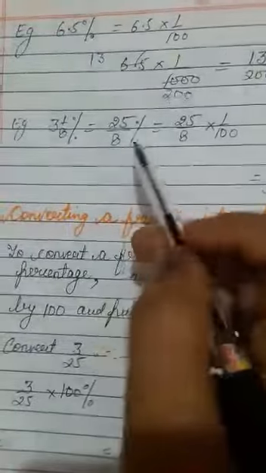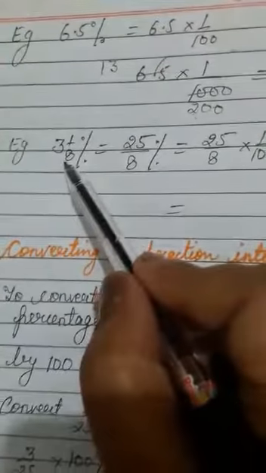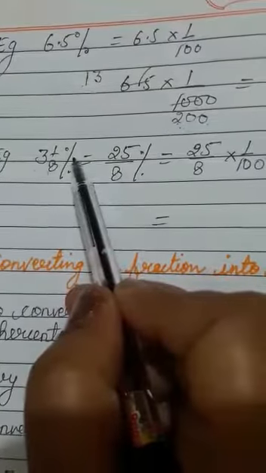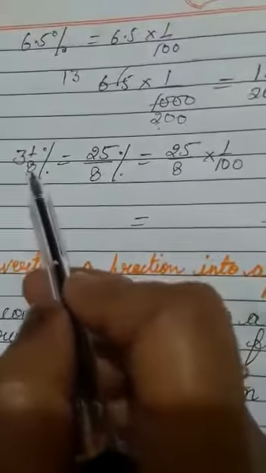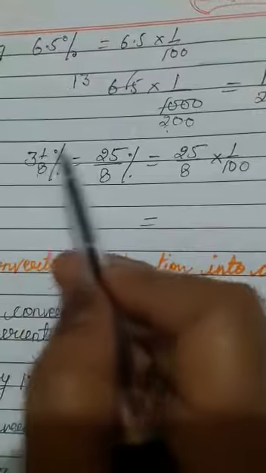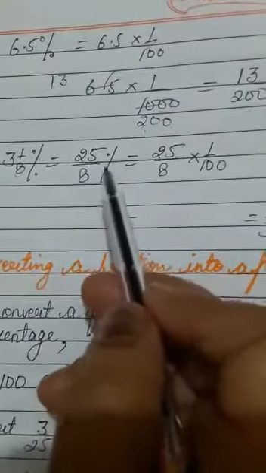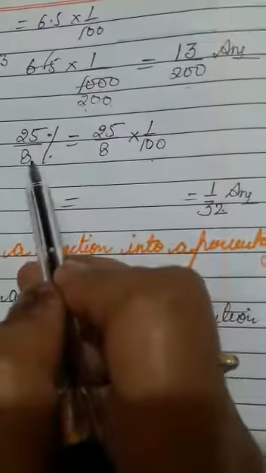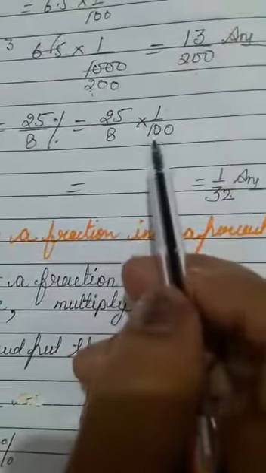Now children, suppose you have to convert a mixed fraction into fraction form. Mixed fraction, 3 whole number 1 upon 8%. First of all you will change into improper fraction. So it will come out 8 into 3 is 24, plus 1, 25 upon 8%. Now you will change the percentage sign into 1 upon 100. So 25 upon 8 into 1 upon 100.